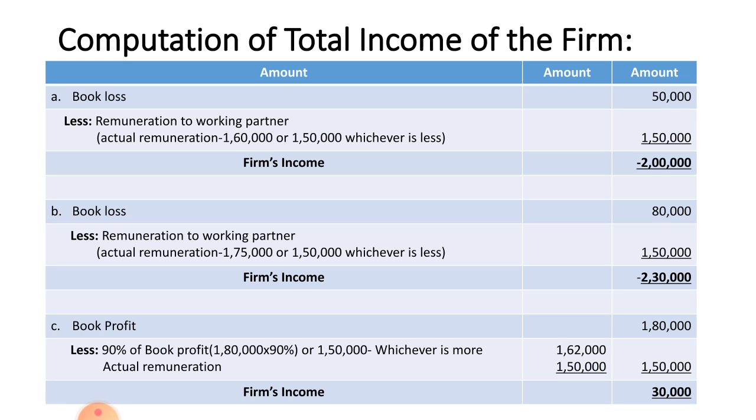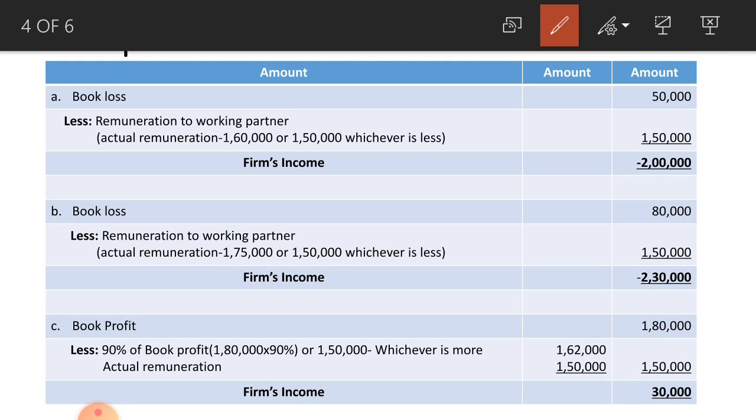See in this problem, book profit 1,80,000, less 90% of book profit, that is 90% of 1,80,000. Remember this one, here it is 90% of book profit and not the actual remuneration paid. 1,80,000 into 90 by 100 amounts to rupees 1,62,000 or 1,50,000, whichever is more you have to consider here.